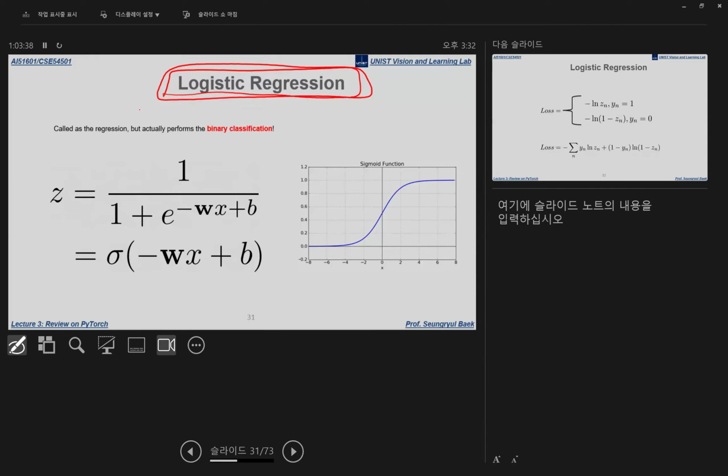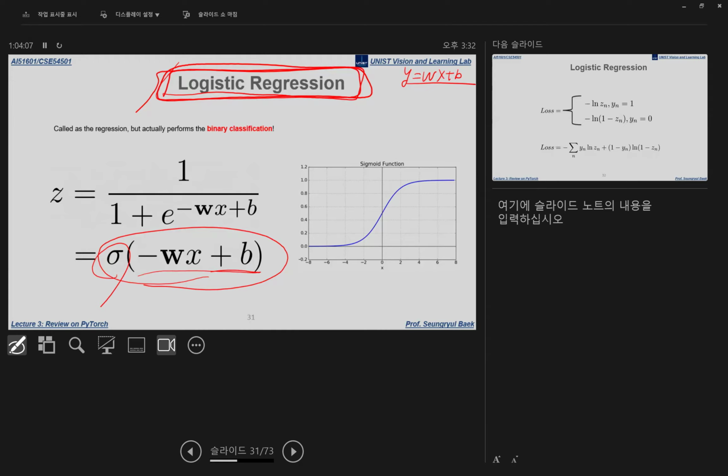Linear regression is called linear regression because it has a linear formula, and wants to achieve the regression task, okay? But logistic regression has a linear layer inside, but after that it applies a sigmoid function.